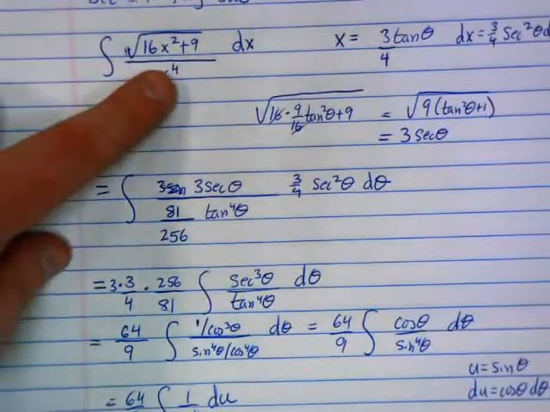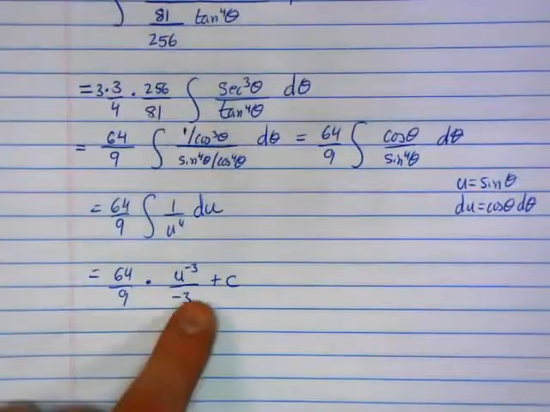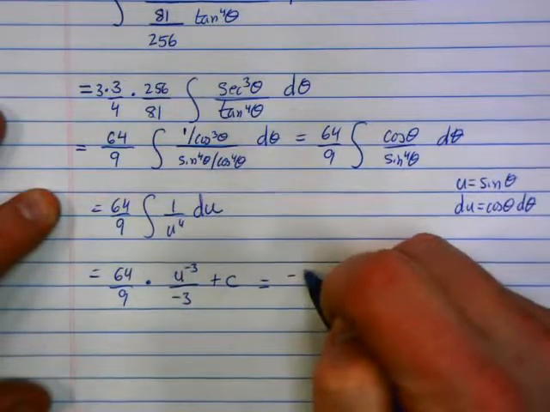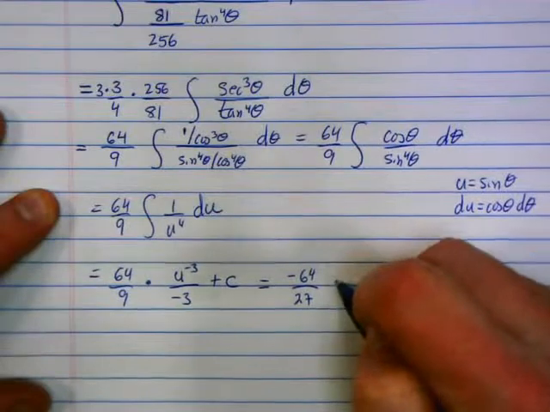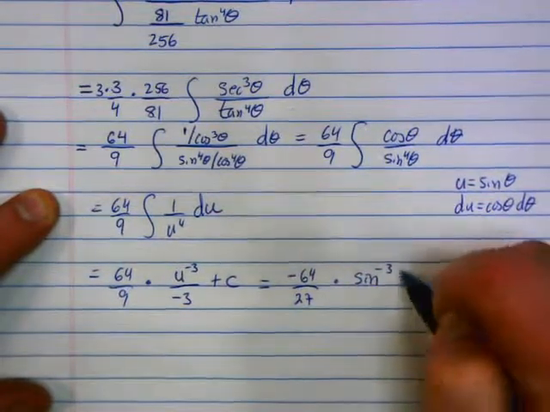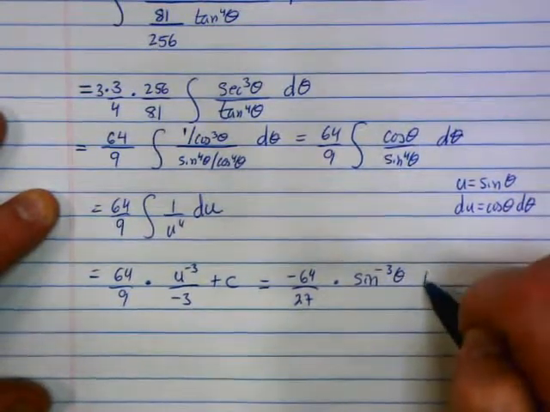It's taken so long. We started with x's, so when we get all done, we should end with x's. All right, so this is negative 64 over 27 times u with sine to the negative 3 theta plus c.